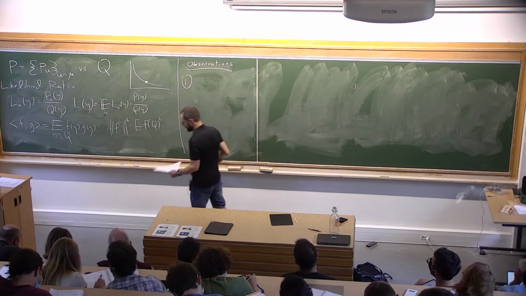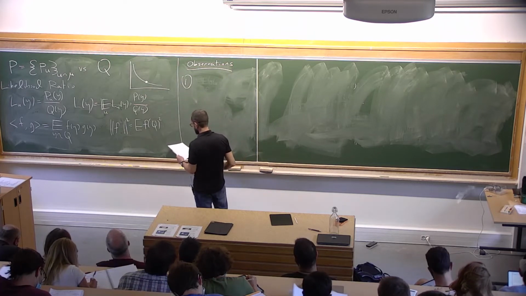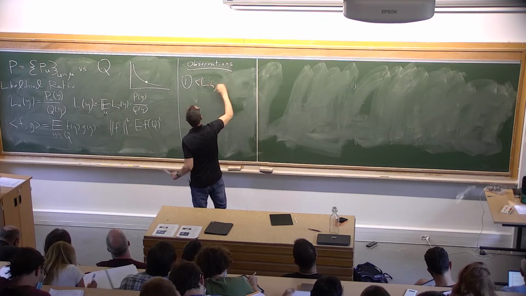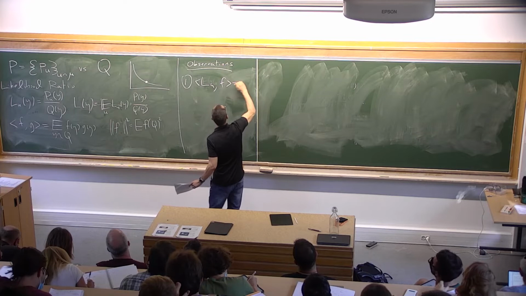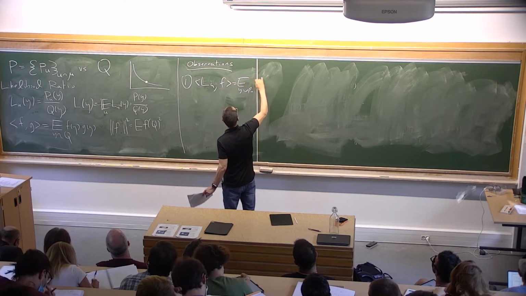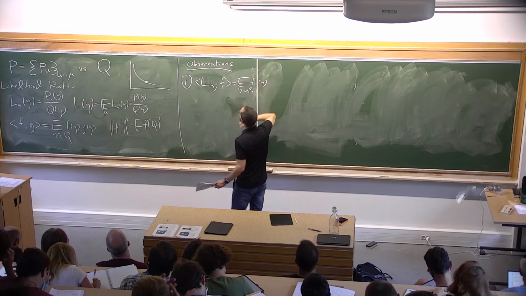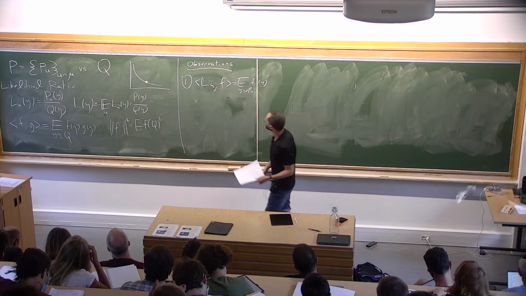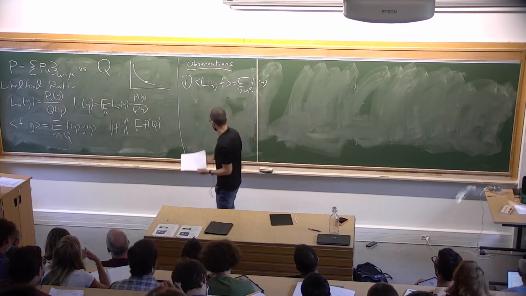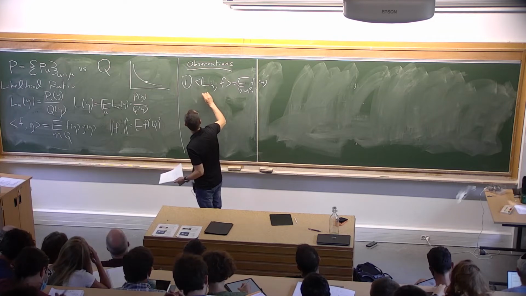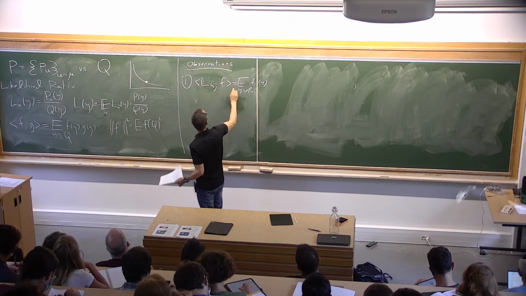So one is that the dot product of L_U and F is the expectation over Y from P_U of F of Y. And the reason is you just write what is this, right?